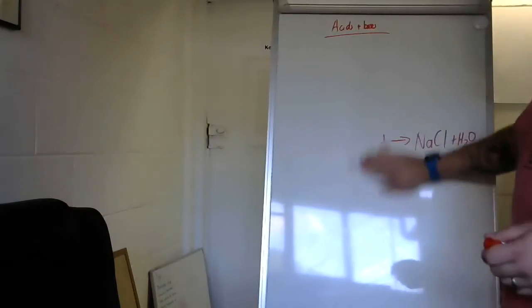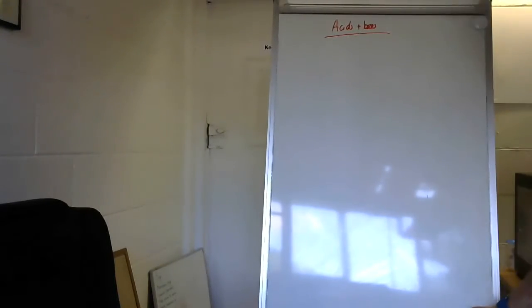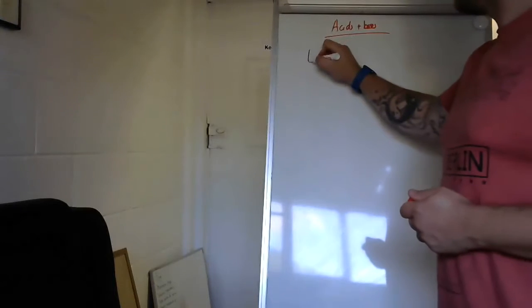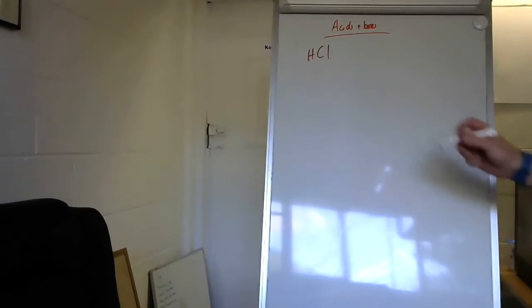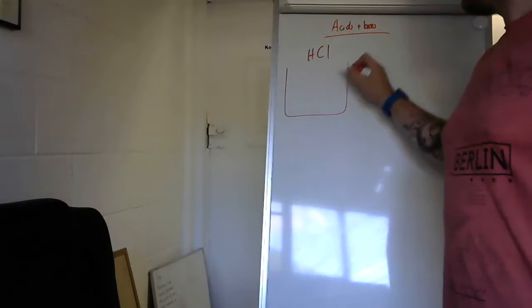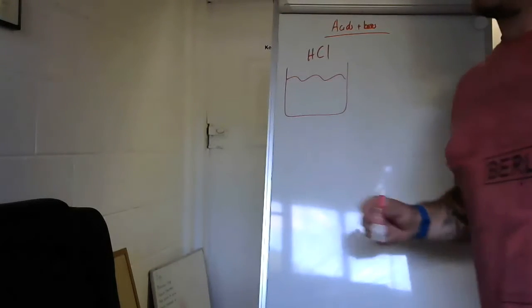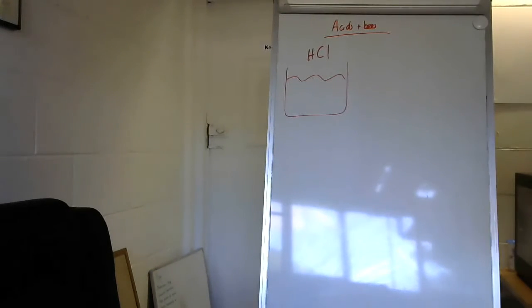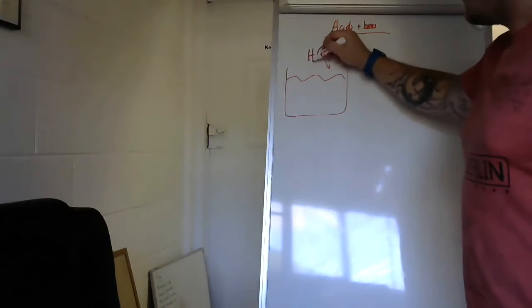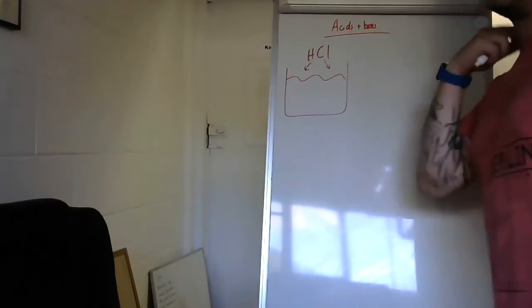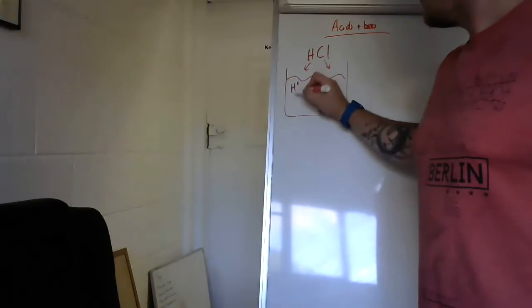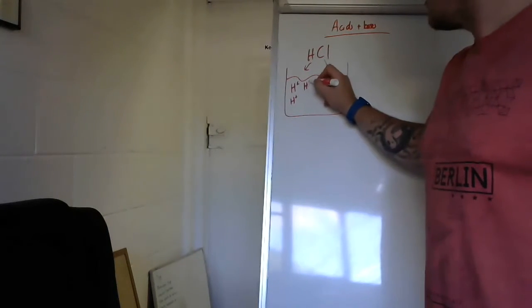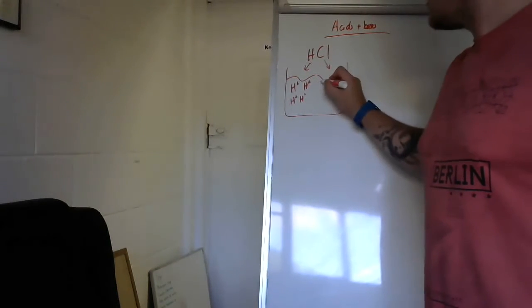Let's say we drop hydrochloric acid into a solution. This is our beaker, our water level, and I'm writing in red, but kids destroyed all my whiteboard markers. So what happens is this dissociates into H+ and Cl-.